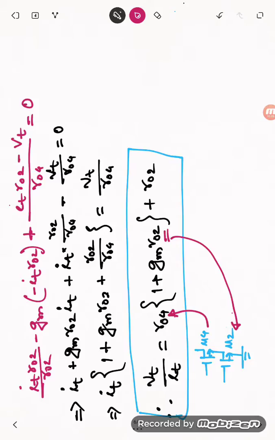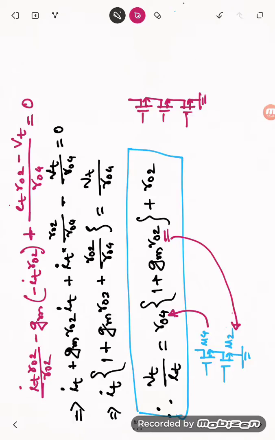Okay, so following this rule I can form another one. Let's say you have a cascade of 3 transistors.